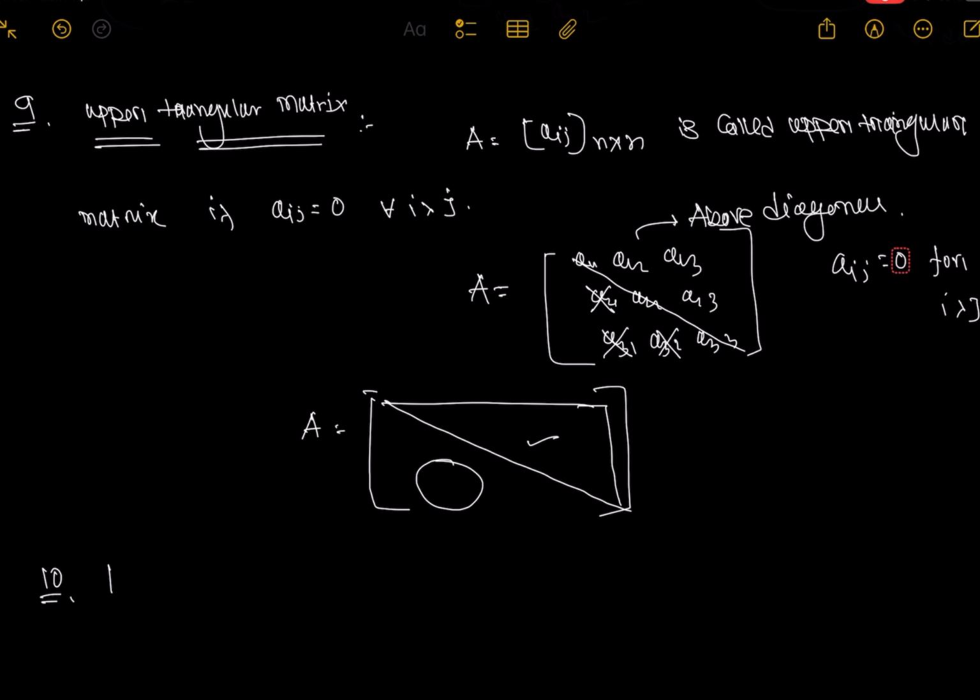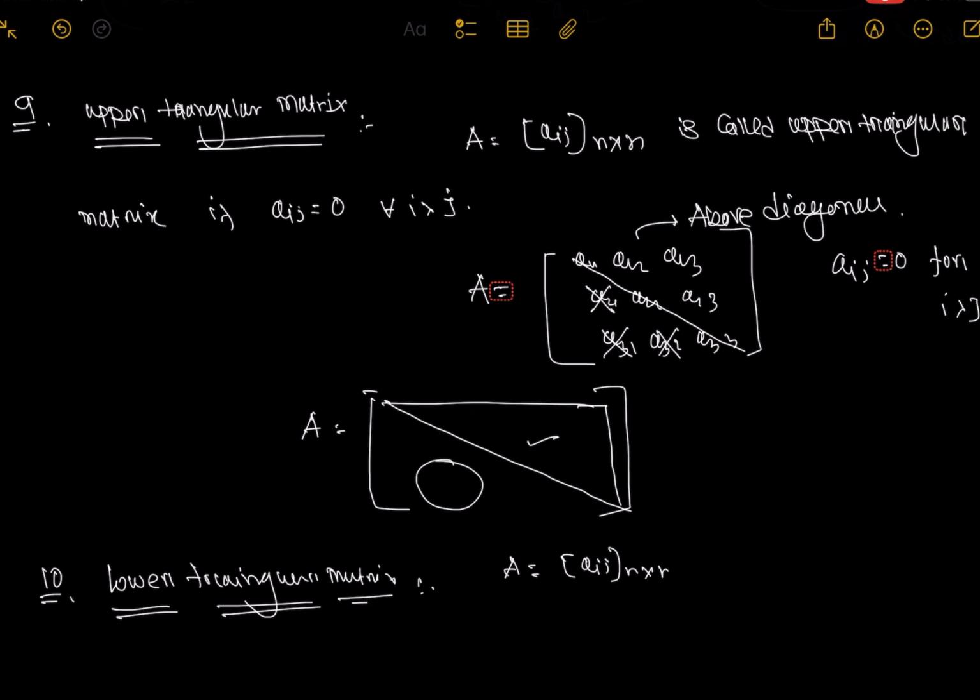Similarly, we go to the lower triangular matrix. Let us consider a square matrix A of ij with n cross n, called a lower triangular matrix if A of ij equals 0 for all i less than j.